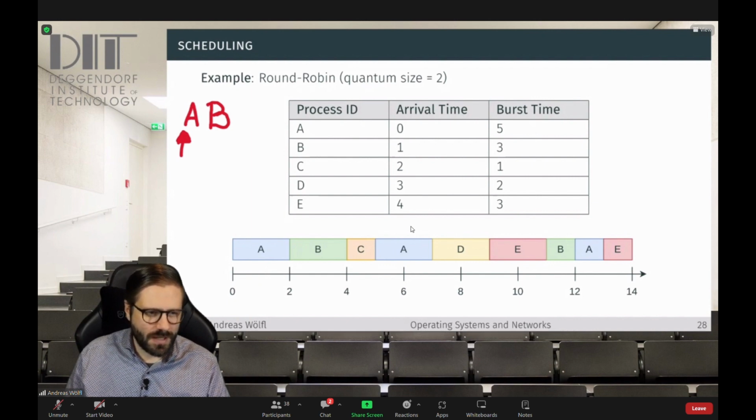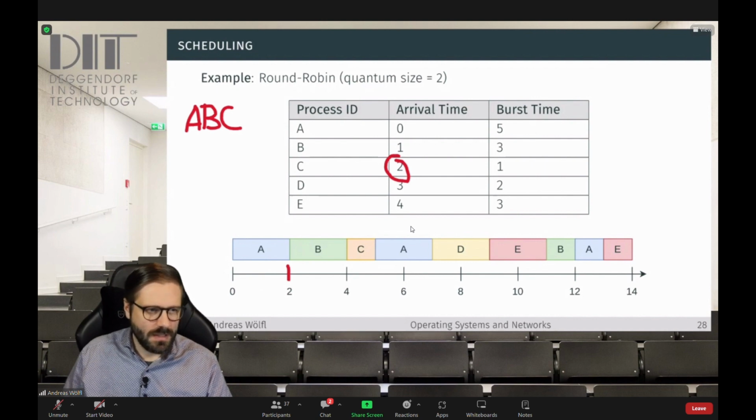What are we doing on time unit 2? And this is important because in time unit 2, 2 things happen. On the one hand, C arrives. C arrives at time unit 2, so we add C to the list of our runnable processes. We have time 2, not time 1.